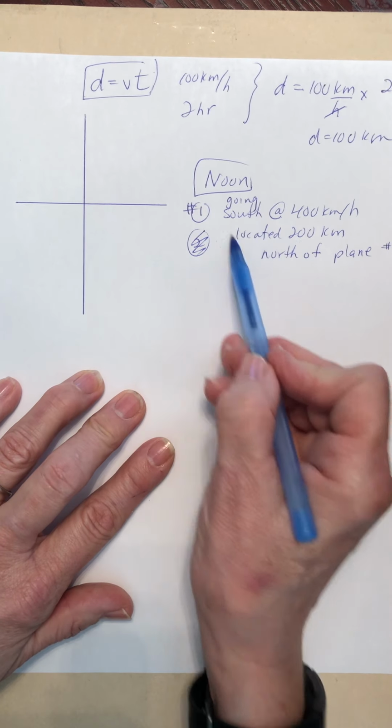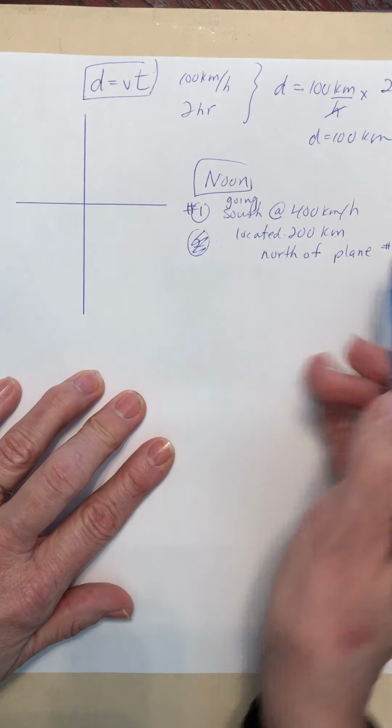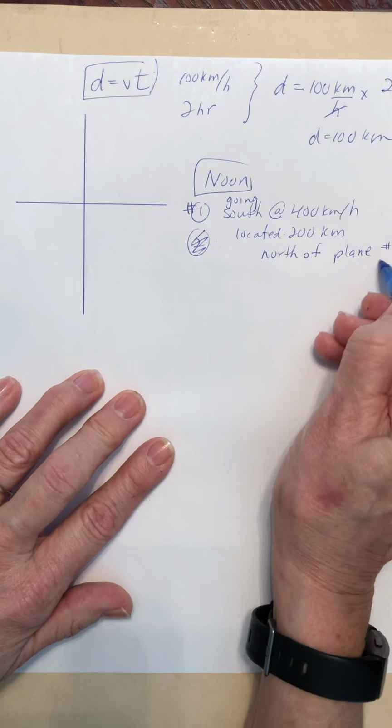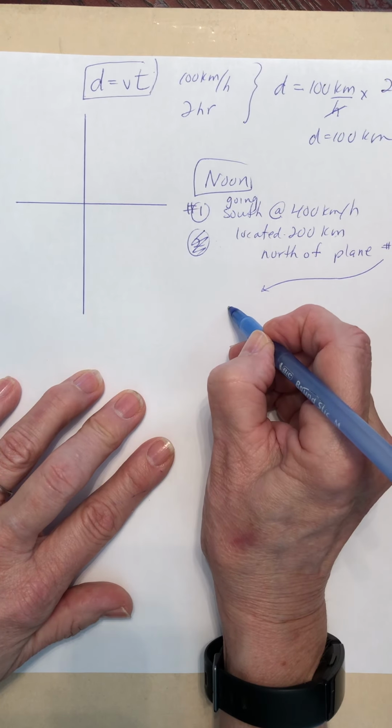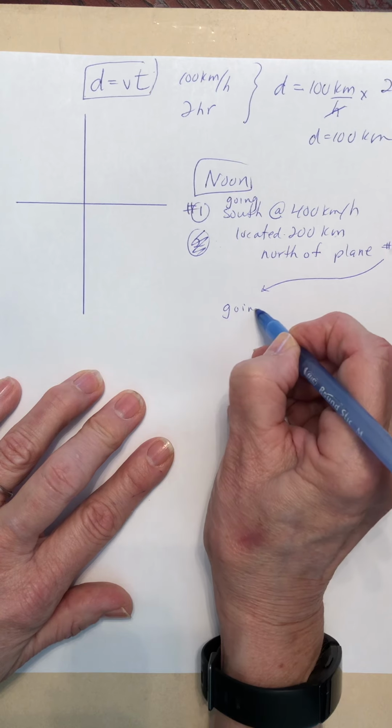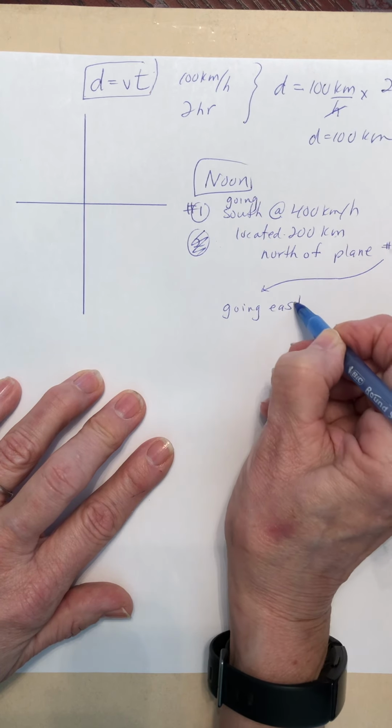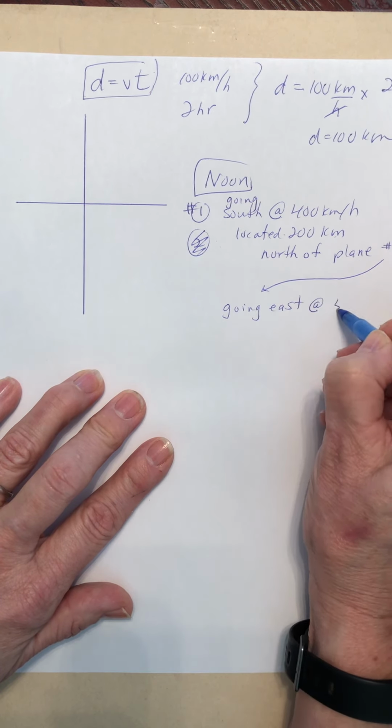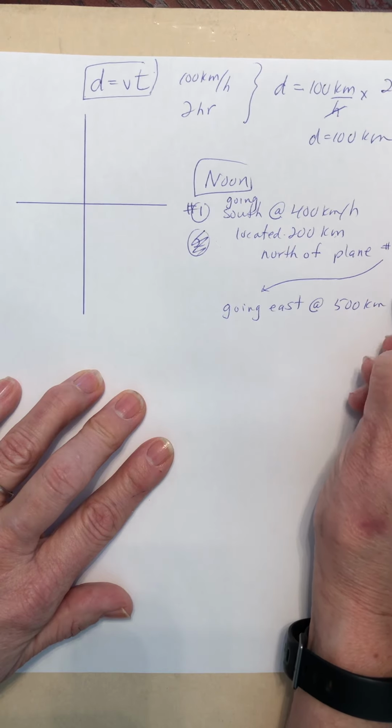This first plane is 200 kilometers north of this other plane, plane number 2. What's the other plane doing? This other plane is going east at 500 kilometers an hour.